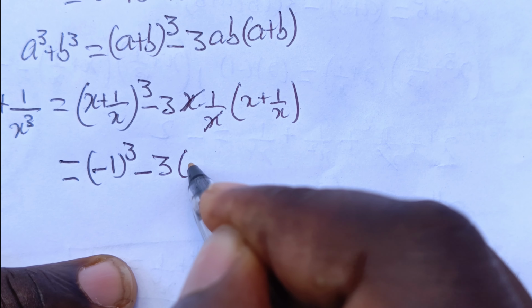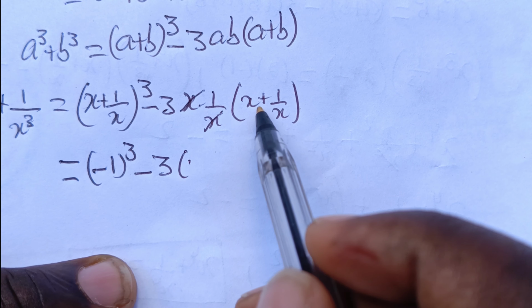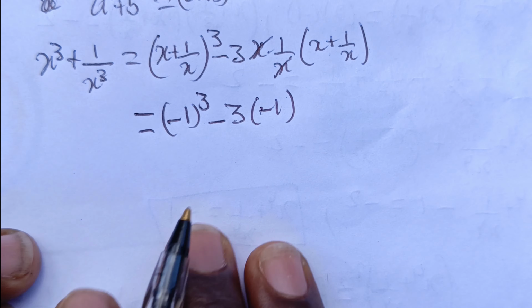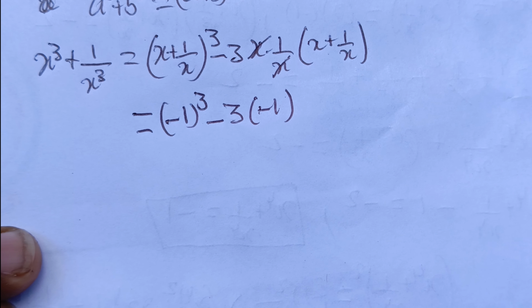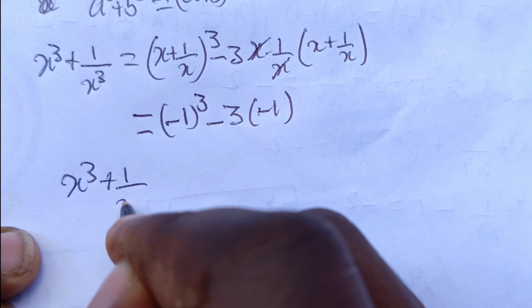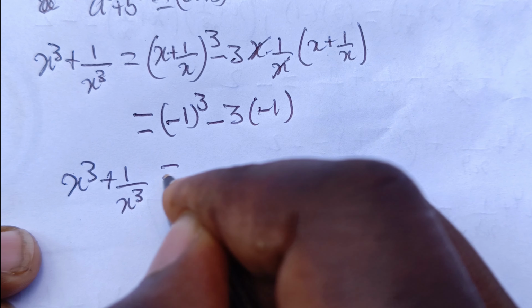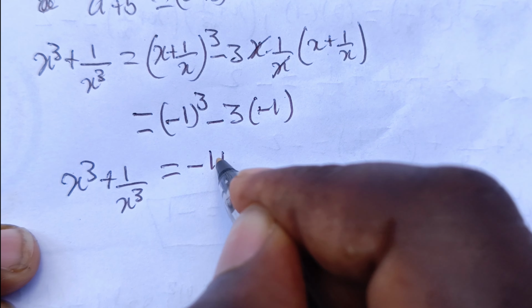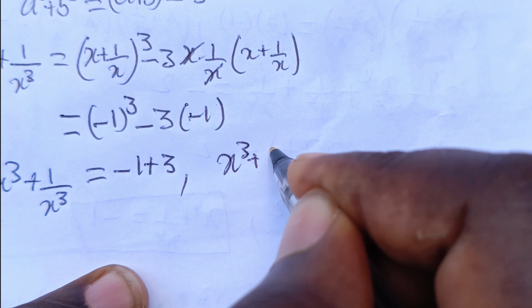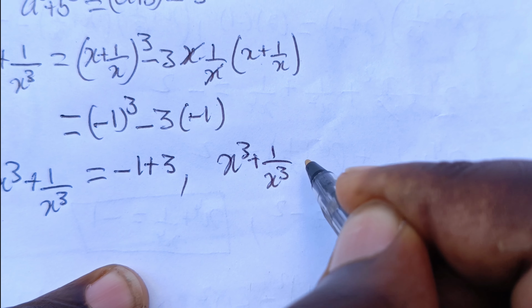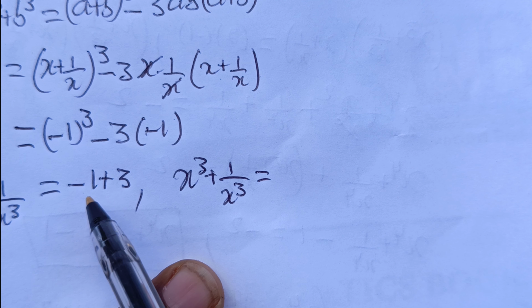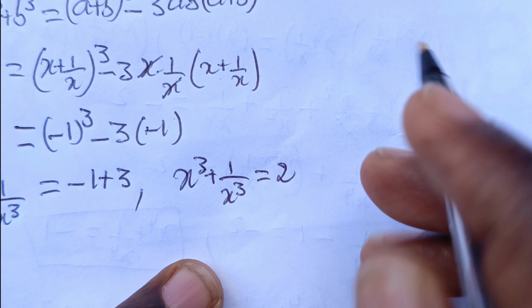Minus 3 into what is x plus its reciprocal, that is minus 1. Here is clear that x to the power 3 plus 1 over x to the power 3 is equal to minus 1 plus 3, that is 2.